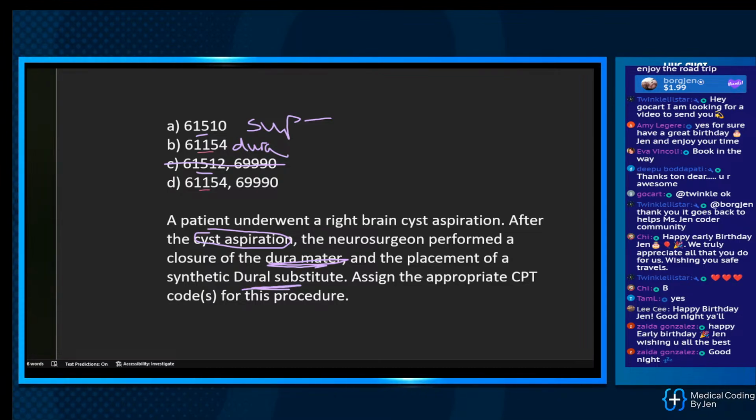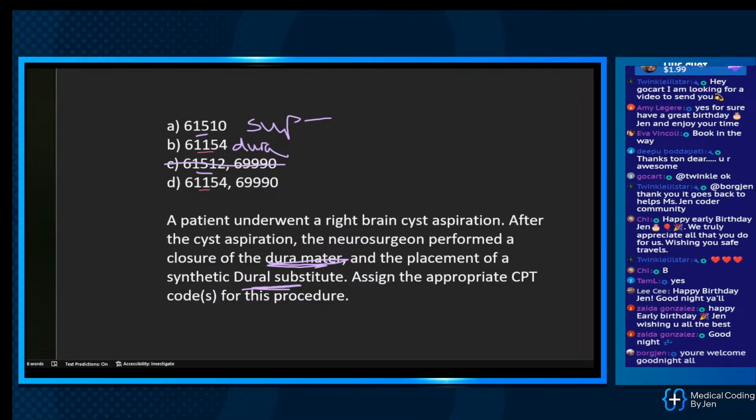So even if you didn't know anything about the cyst or whatever, you could find it, because everything that I mentioned is not in the descriptors at all. So it's kind of weird to know what is what. But just matching up your dura with your dura is helpful enough, I think.